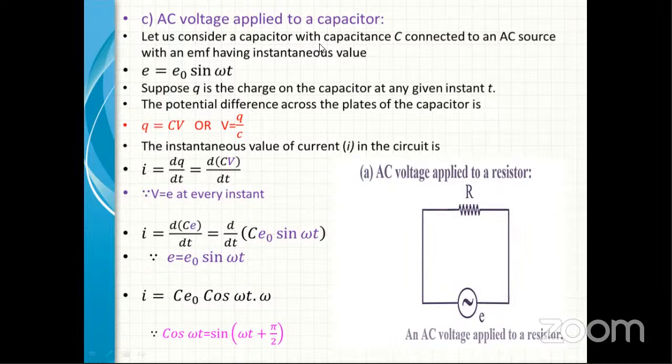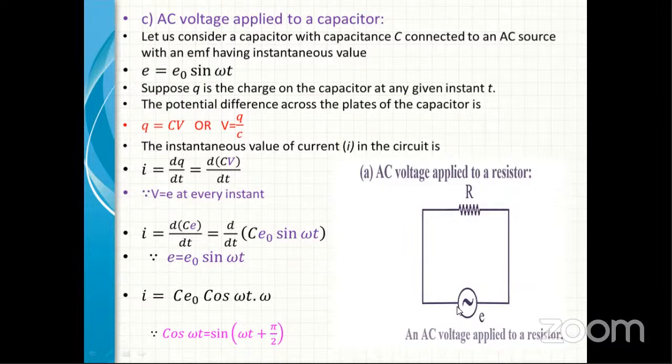Let us consider a capacitor with capacitance C connected to an AC with an EMF having instantaneous value. Each and every time this EMF is applied by this alternating circuit. Okay, so this value is given here, that E is equal to E naught sin omega t.